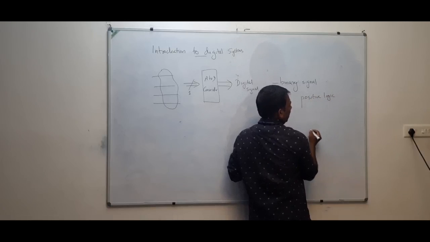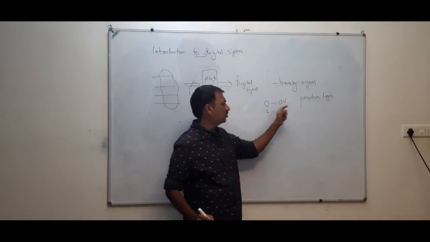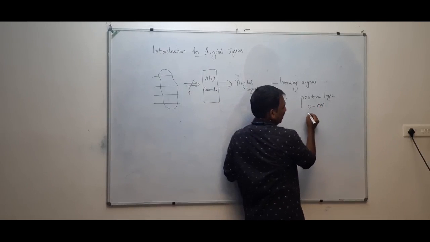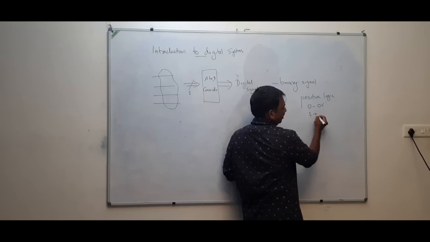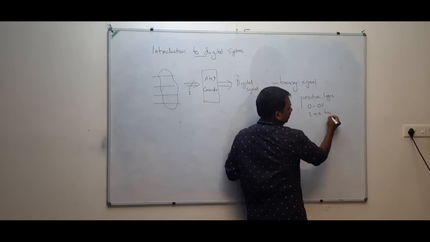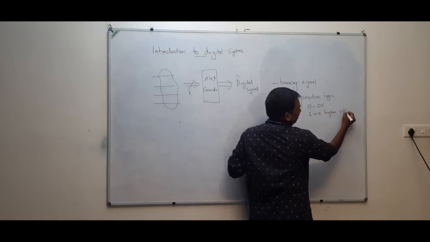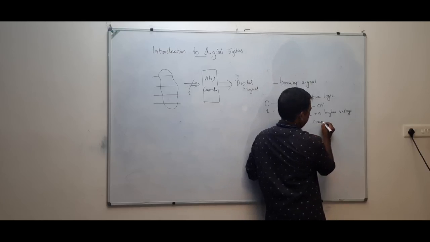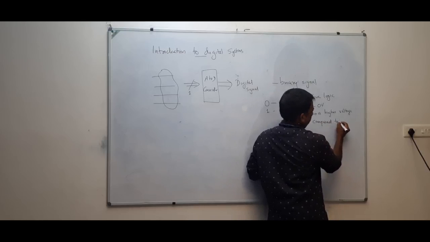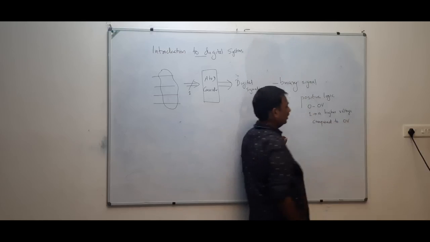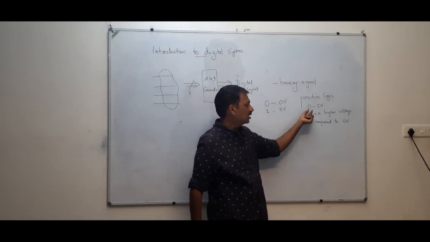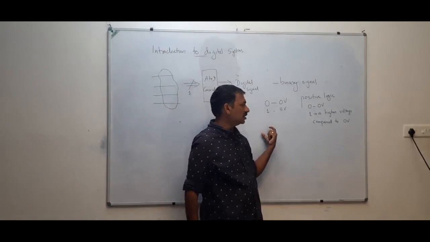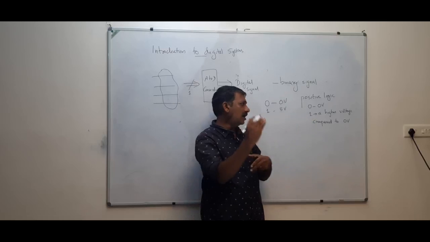In positive logic, 0 is represented by 0 voltage and 1 is represented by a higher voltage compared to 0 volt. That means in positive logic, 0 is represented by a lesser voltage compared to 1. 1 is having a higher voltage.